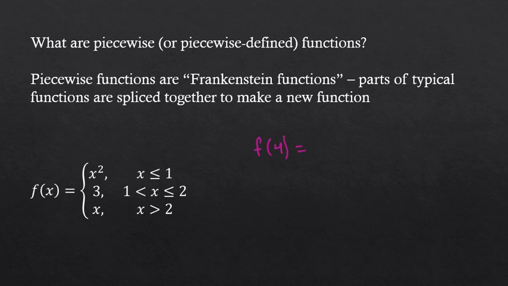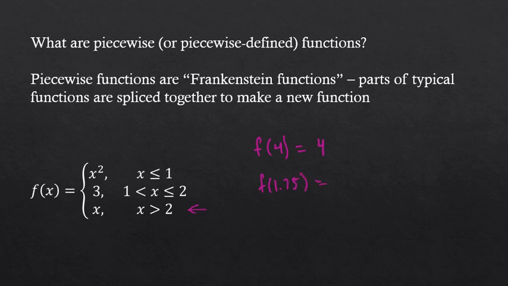So obviously 4 is not less than or equal to 1. 4 is not between 1 and 2. 4 is greater than 2. Since 4 is greater than 2, it satisfies that piece. So I'm going to plug my x value into this piece here, so f of 4 is going to be 4.